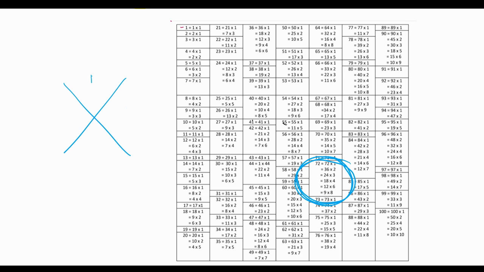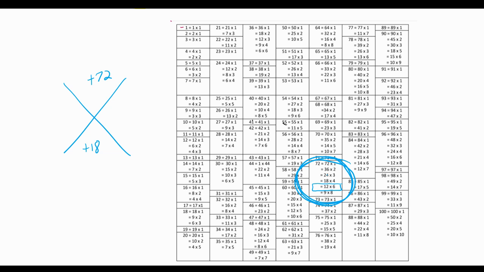So remember, we needed a positive 72 that would add or subtract to 18. So which set would add or subtract to 18? Obviously not 36 and 2. That would add up to 38. If you subtracted it, it would be 36 minus 2, which would be 34. So I need the set that's going to be 18, and it's right here, 12 and 6. What's 12 plus 6? 18.